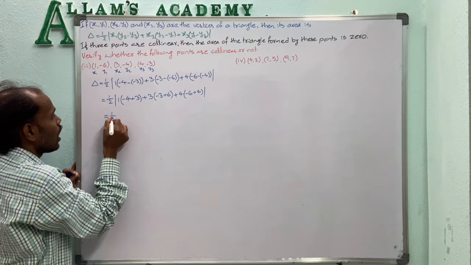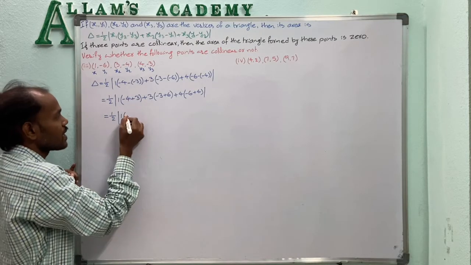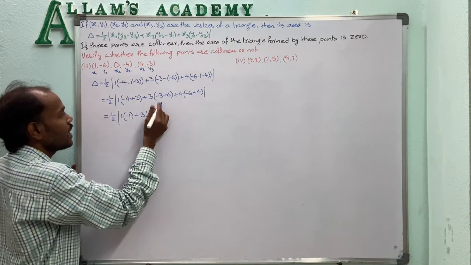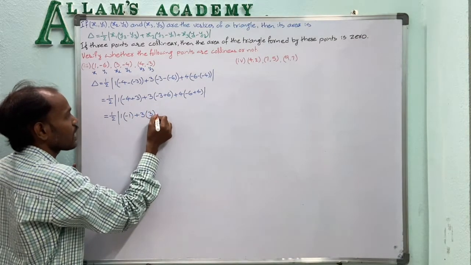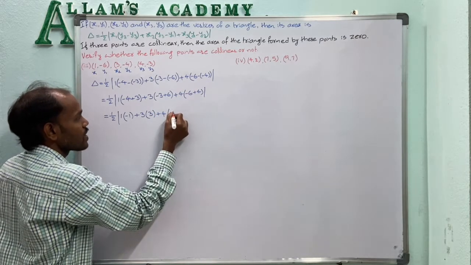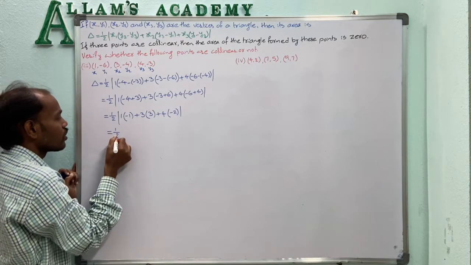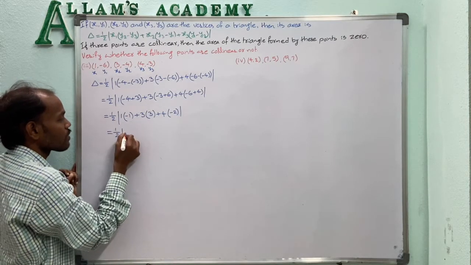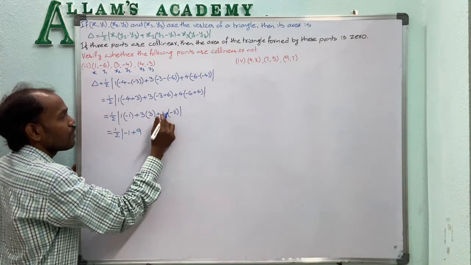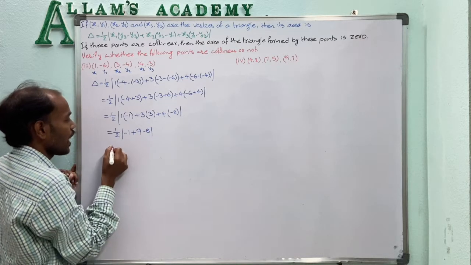That equals half mod of 1 into (minus 4 plus 3 is equal to minus 1), plus 3 into (minus 3 plus 6 is equal to 3), plus 4 into (minus 6 plus 4 is equal to minus 2). That equals half mod of 1 into minus 1, plus 3 into 3 is 9, and 4 into minus 2 is minus 8.